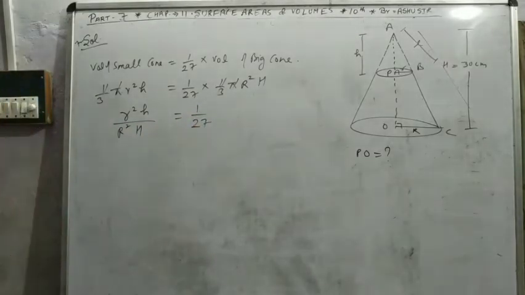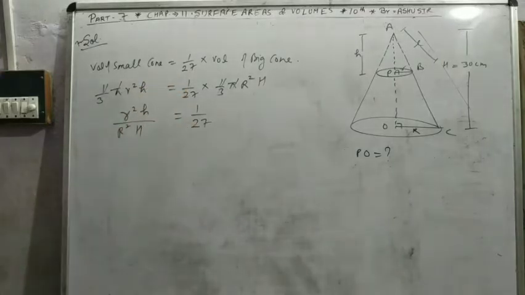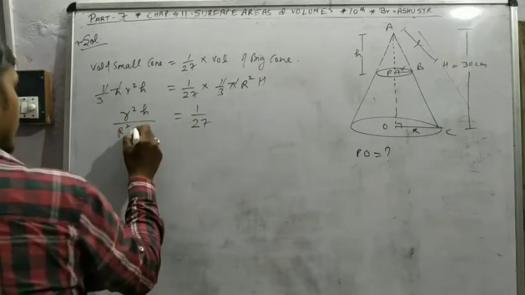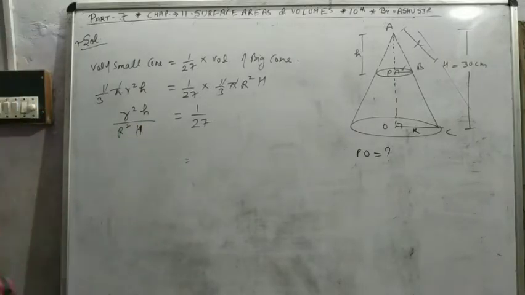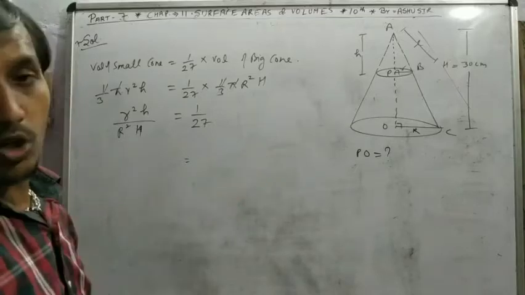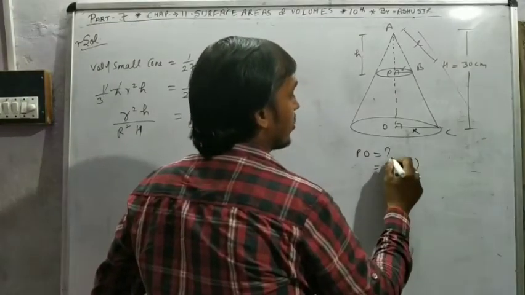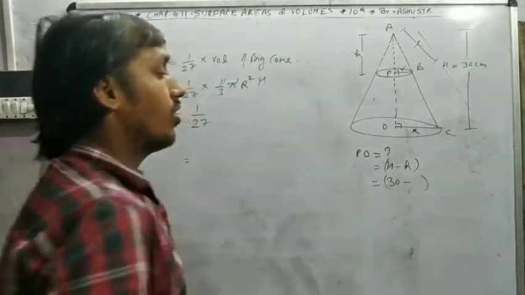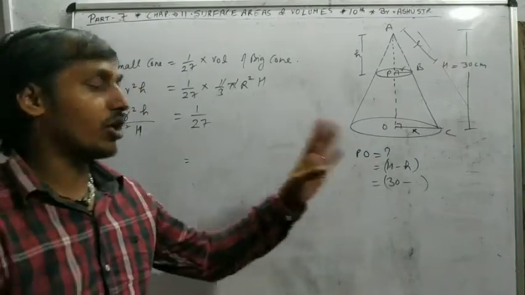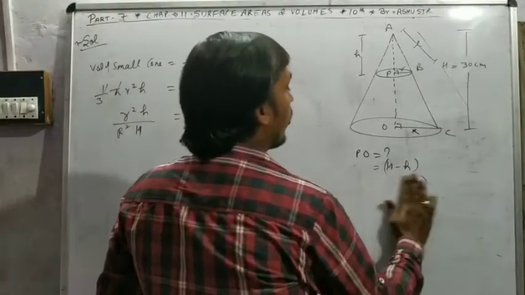We separate all the variables on the left side, 1 by 27 on the right side. We know the value of capital H. We want the value of PO, and PO is equal to capital H minus small h. It means we only want the value of small h. So we try to find it.